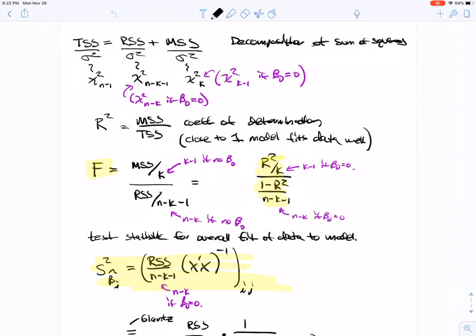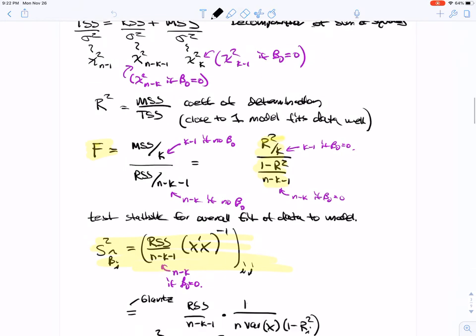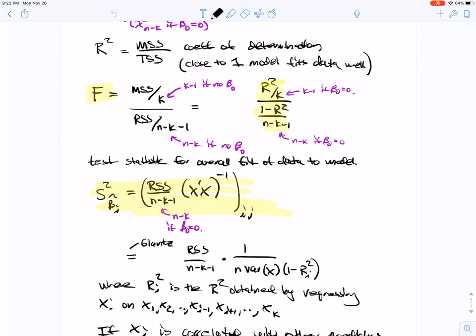So we define the F statistic as a ratio of two independent chi-squares divided by their degrees of freedom. This can also be written entirely in terms of the coefficient of determination.